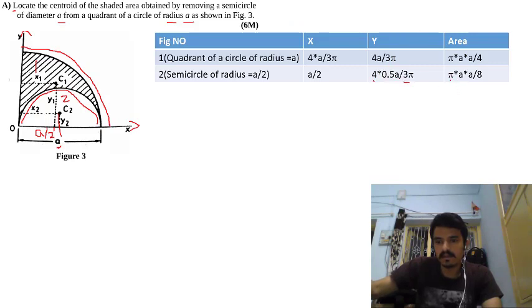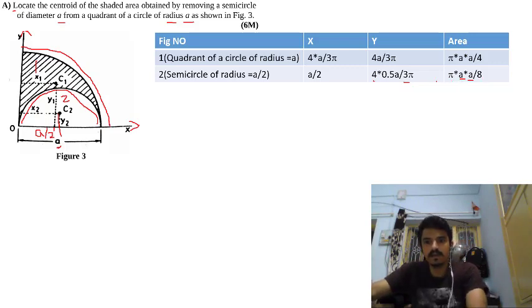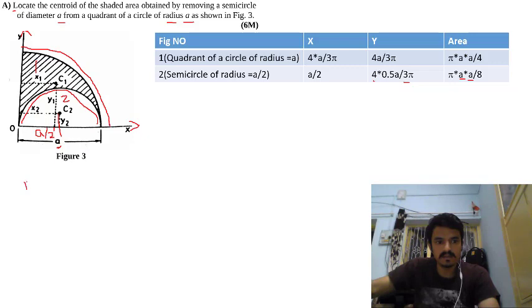And the area of a semicircle will be pi r square by 2, but here r is equal to 0.5a, so that will be pi a square by 8. The actual formula for the area of the semicircle is pi r square divided by 2.